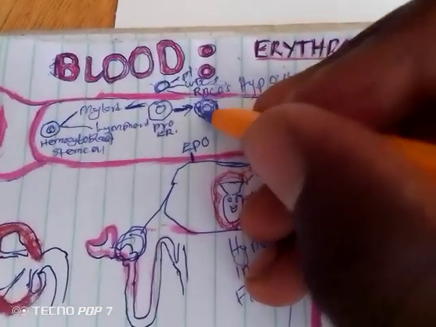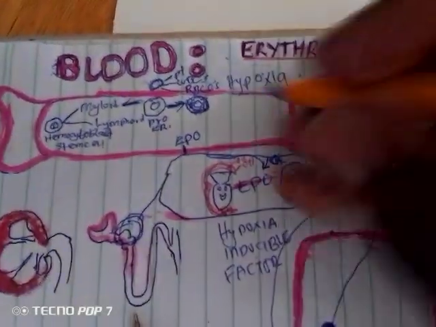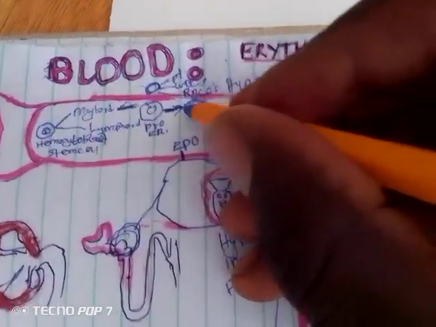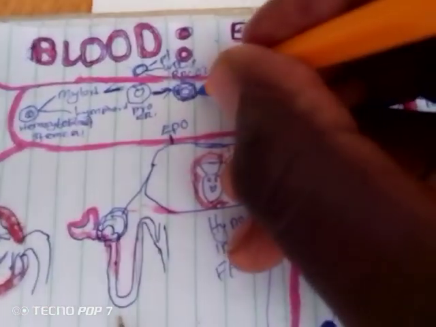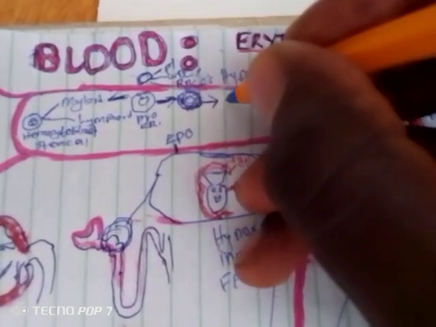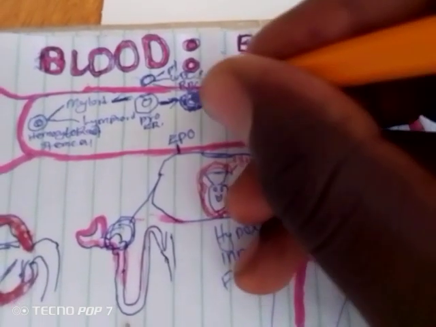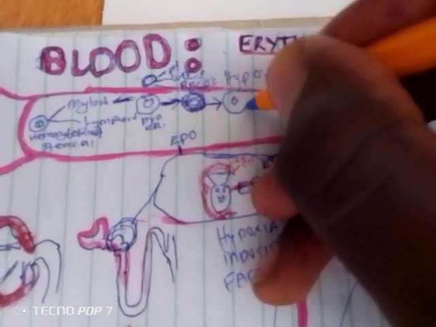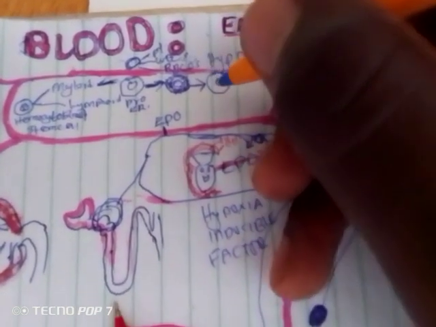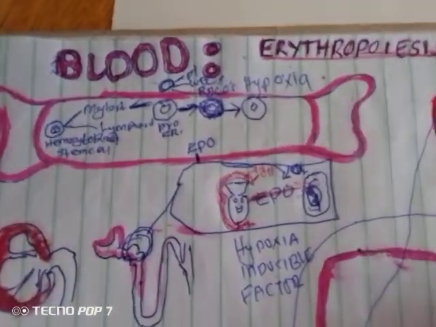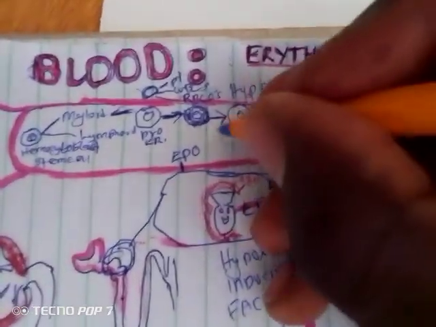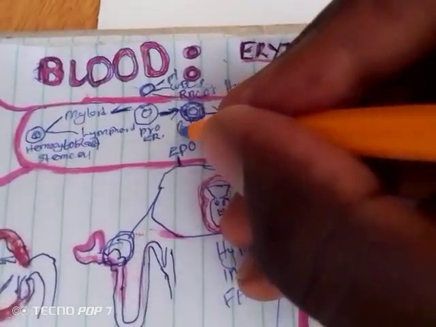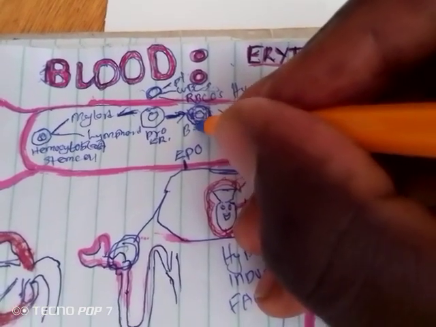This bluish color is because of RNA. From this one, we have another cell. As you monitor this cell, you see that the nucleus is just reducing in size. I'll tell you the reason why. This is called basophilic erythroblast.